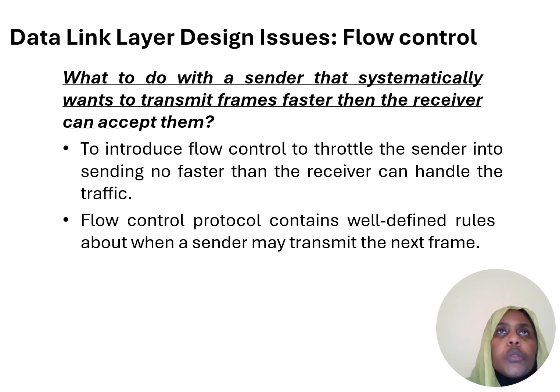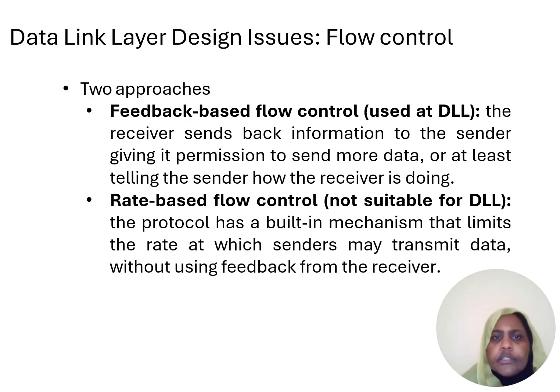Flow control protocols have very well-defined rules about when the sender can send data to the receiver. There are two approaches. The feedback-based flow control, which is used in the data link layer, and the rate-based flow control, which is not suitable for the data link layer.